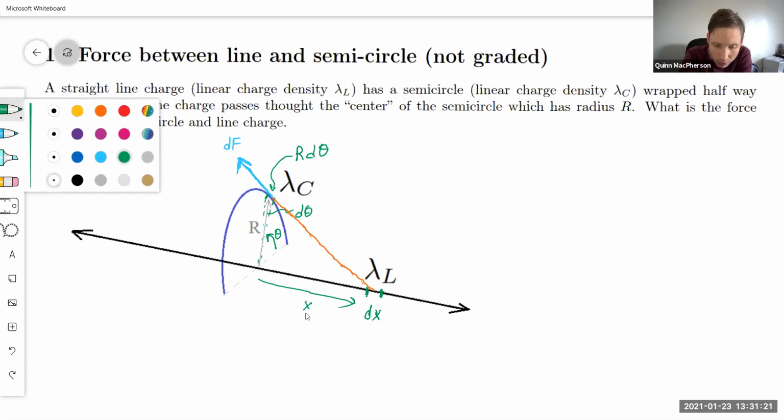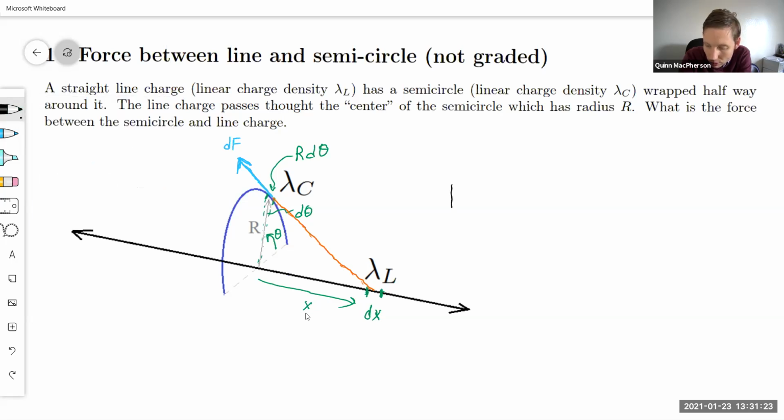To be clear, why don't I draw a coordinate system? I'm going to call x the direction along the line, z up, and y over there.